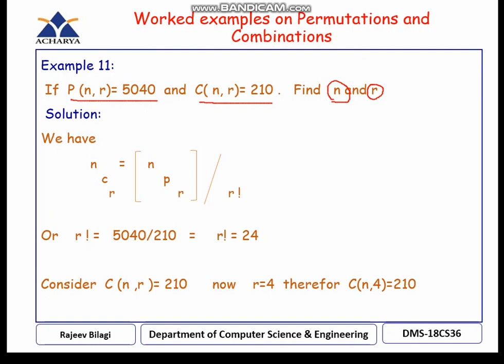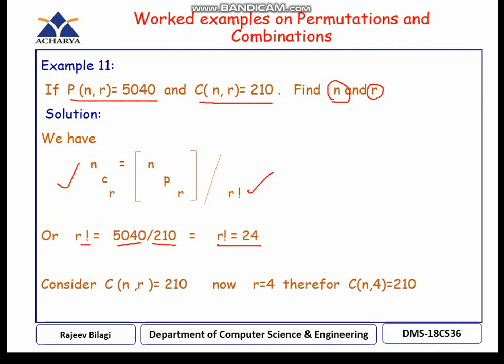Now I know that nCr is equal to nPr divided by r factorial. We know the formula. With this, I can find r factorial, since I know the values of nPr and nCr. So r factorial is equal to 5040 divided by 210, which is 24.